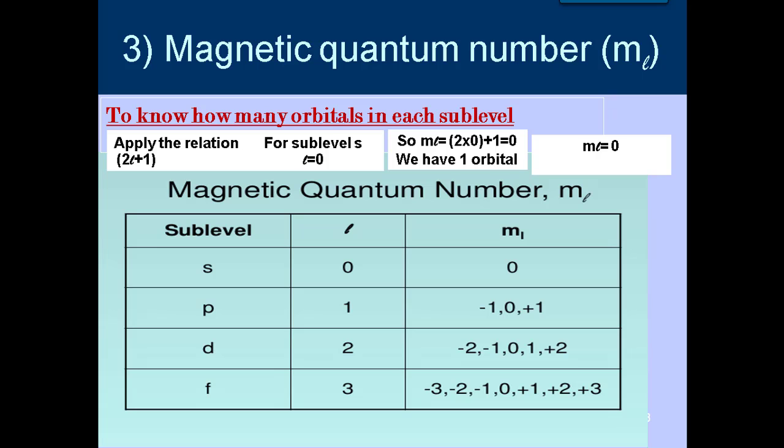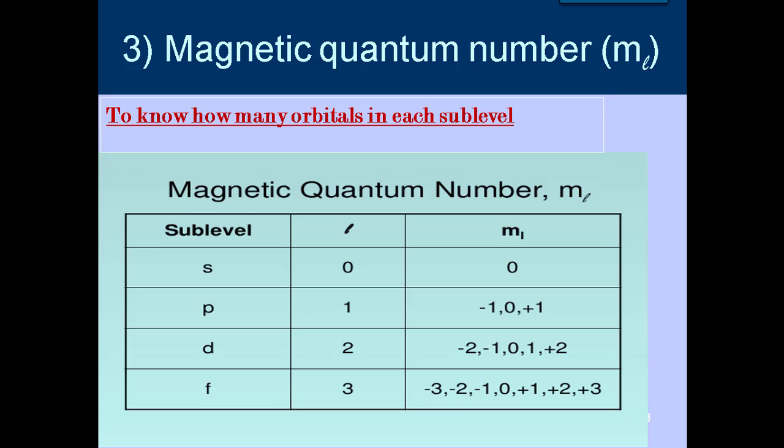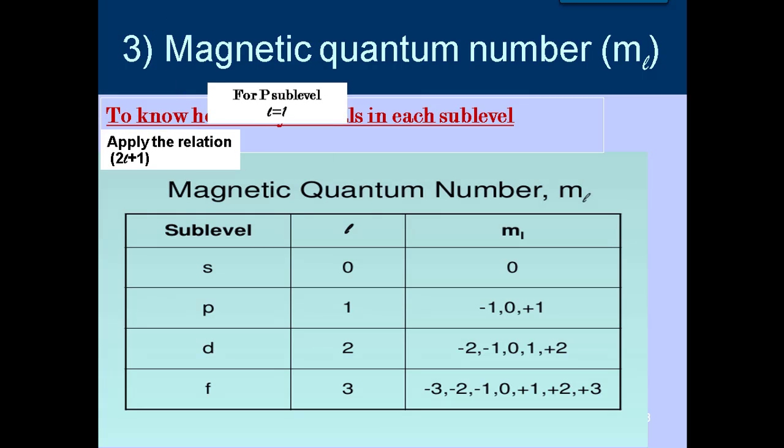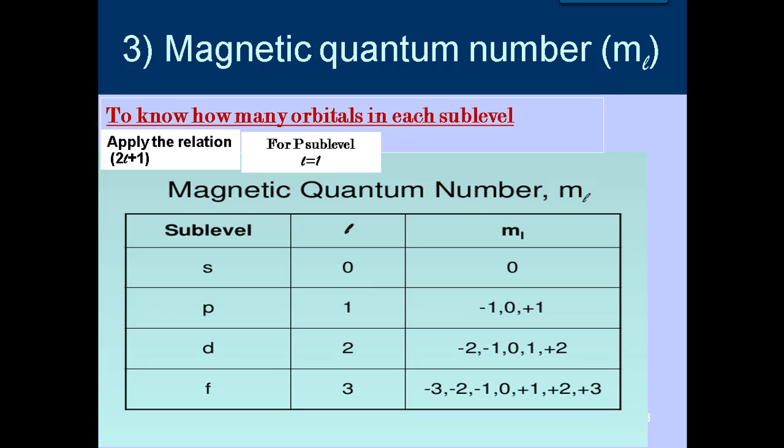Let's try again, with the second energy level. Apply the relation 2L plus 1 for the P sublevel. As we mentioned before, for the P sublevel, the subsidiary quantum number equals 1. So 2 times 1 plus 1, we will have here 3 orbitals.